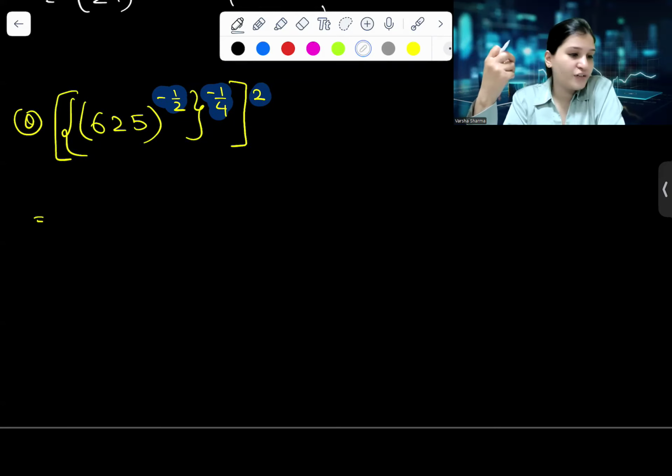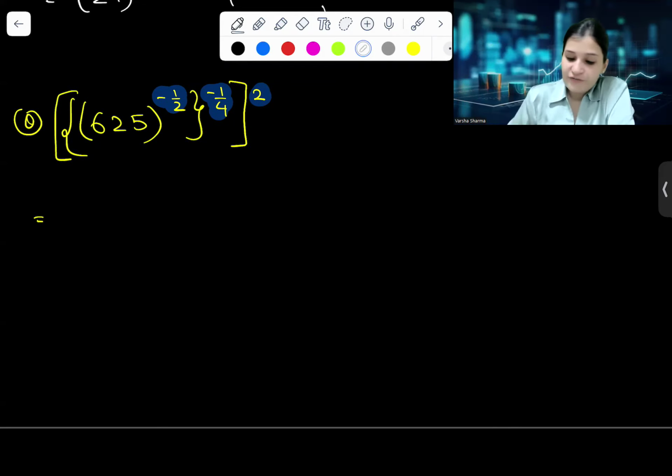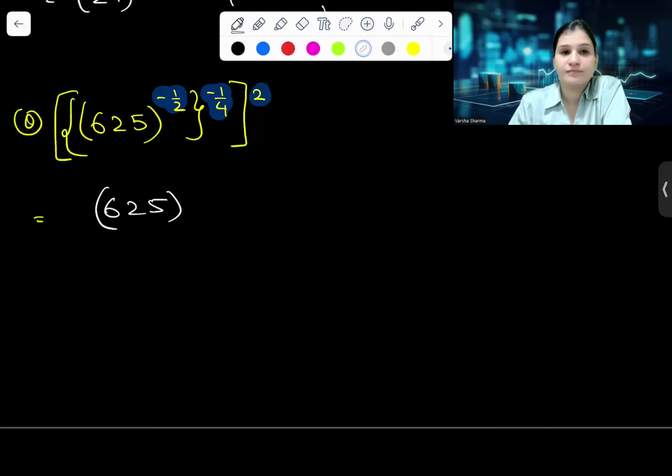Same floor. So if they are in the same floors, all the powers will get multiplied. So what will we get? Multiply all the powers. From 1 by 4, plus 1 by 4. Yes?